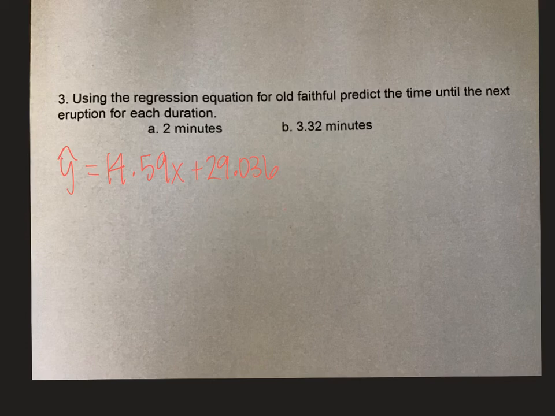So when you're using your regression equation to predict values, you plug in your x value. It's saying use the regression equation for Old Faithful to predict the time until the next eruption for each duration. So if we have Old Faithful erupt for 2 minutes, we want to know how long it is going to be in between that one and the next one if that eruption lasts for a full 2 minutes.